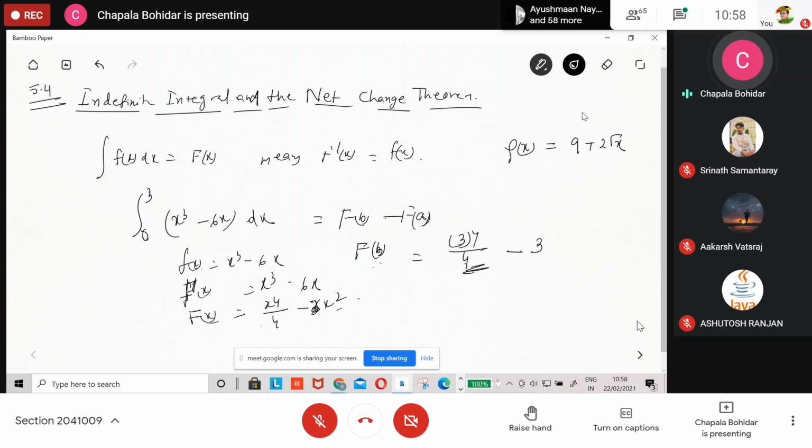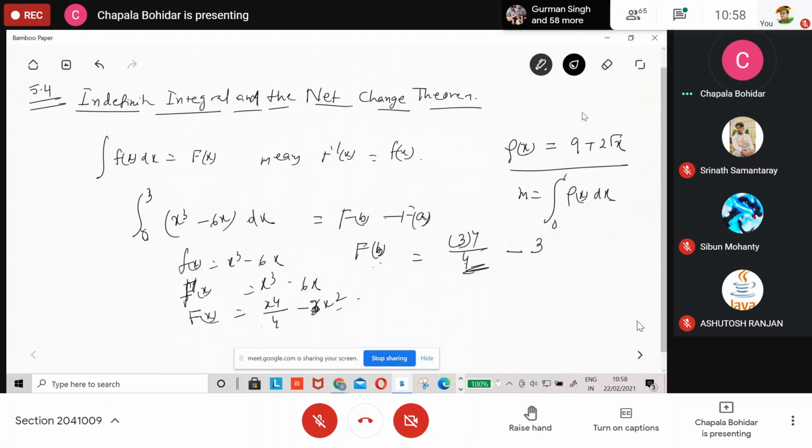Find the total mass of the rod. Mass is equal to the integration of the density. What is the interval given? The rod of length, 0 to 4.